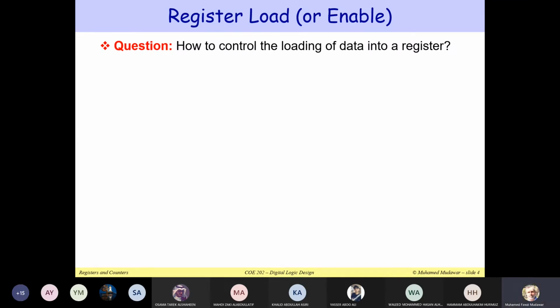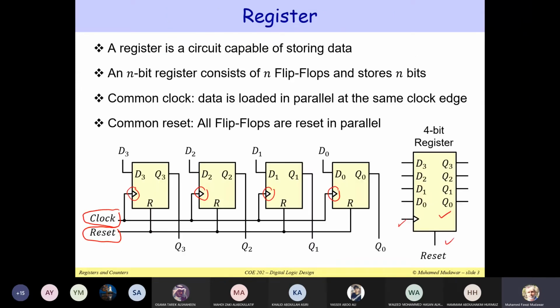If I don't really want to change the Q output, what shall I do? Let us take a look here. Here we have the Q outputs, Q3, Q2, Q1, Q0. These are the outputs of these flip-flops, and this is the output of the register. If I don't really want to load, I would like to keep the value of Q unchanged.